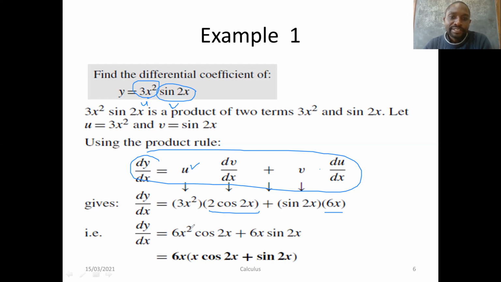Simplify this, we get 6x squared cos 2x plus 6x sine 2x. Then we can further simplify by factoring out the 6x. You are going to have 6x open bracket x cos 2x plus sine 2x as your final answer.